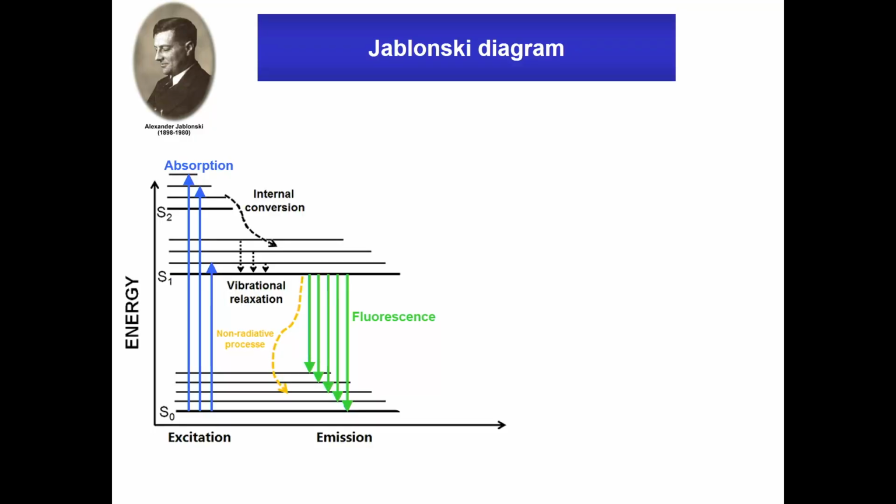Okay, this being said, let's go for a little while into the basics of photochemistry. With this, I will introduce you to this famous Jablonski diagram that hopefully you've seen before.